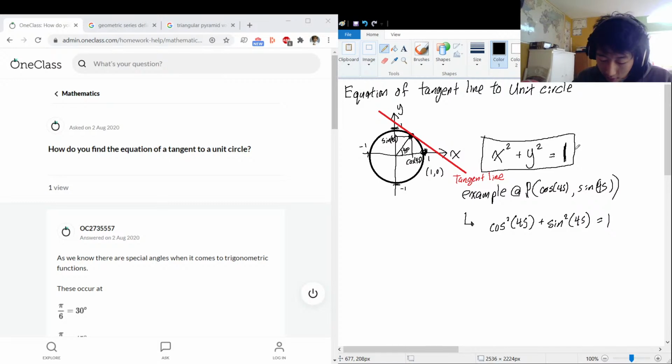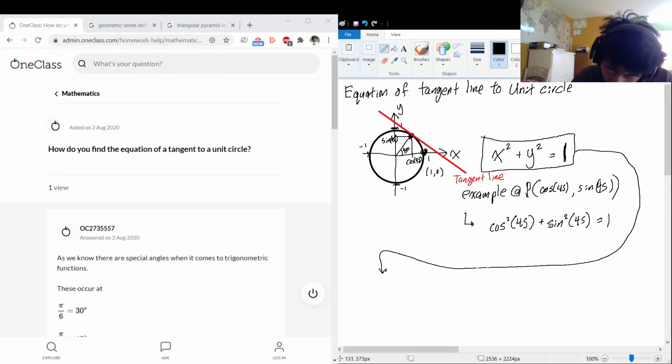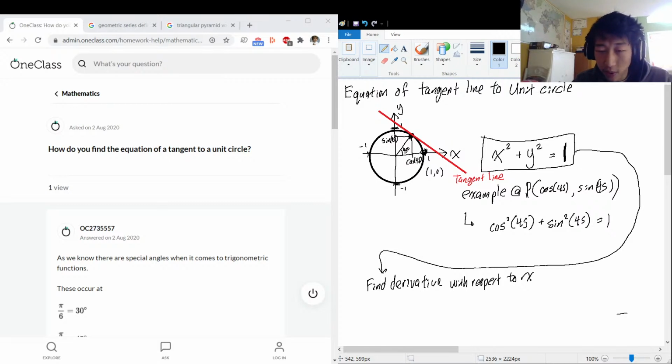Okay, so let's take this circle equation and find the derivative of it. Let's find the derivative with respect to x, because we're going to try to draw our lines in the same sense here. Before we do that, we need to consider that y is a function of x.